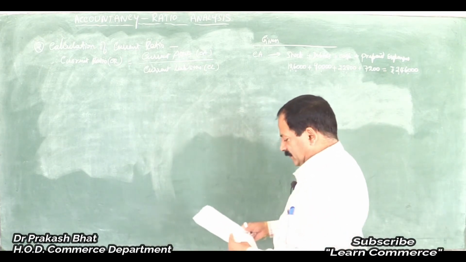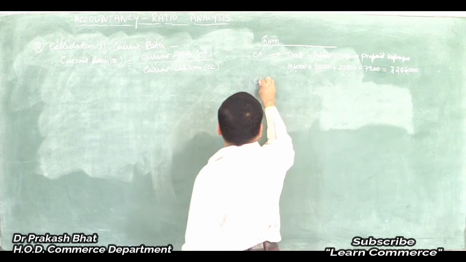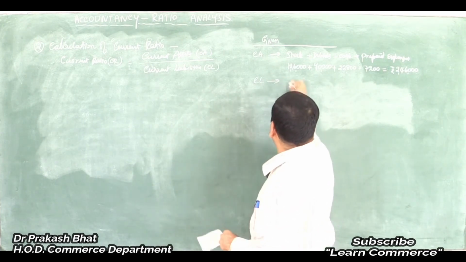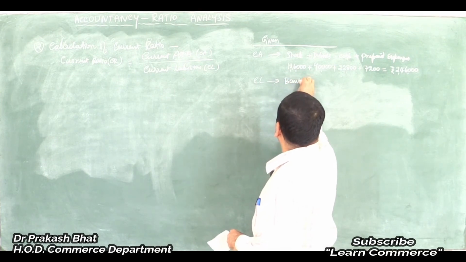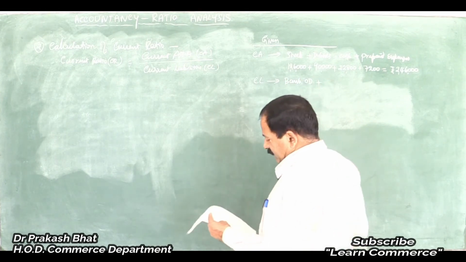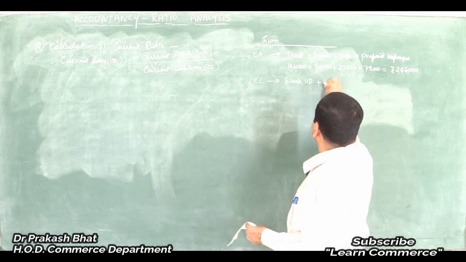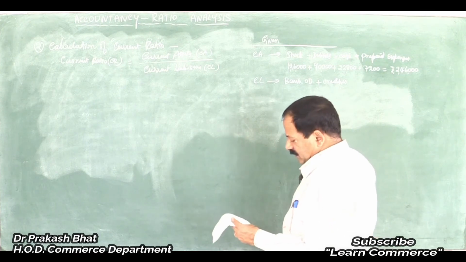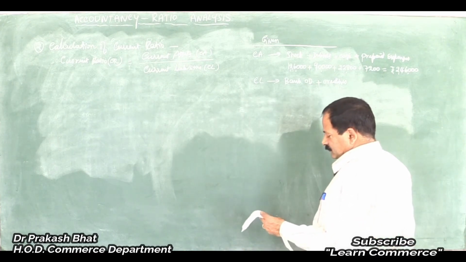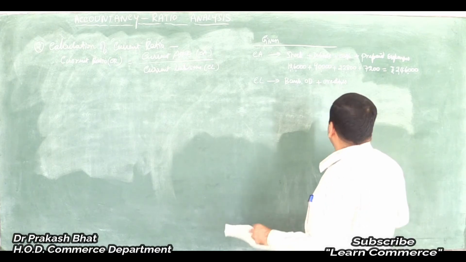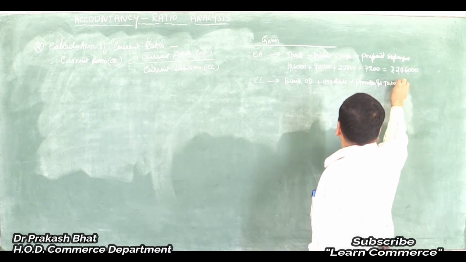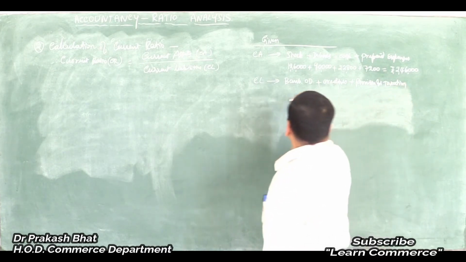Then current liability, it is given here. Write CL is equal to bank overdraft plus what are the other liabilities? Creditors are given, right? Creditors and provision for taxation, right? Now substitute the figures.